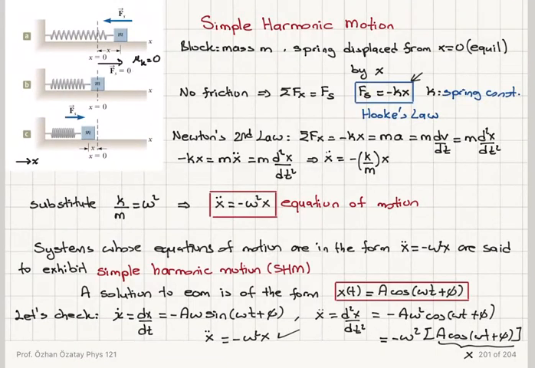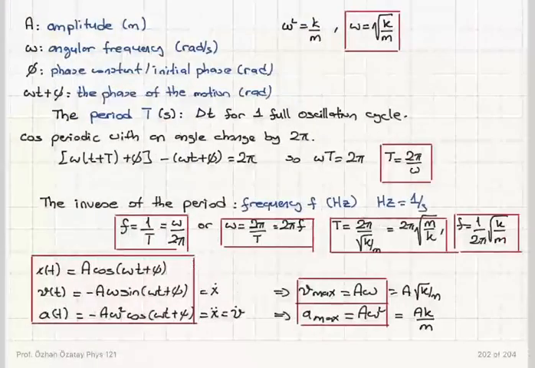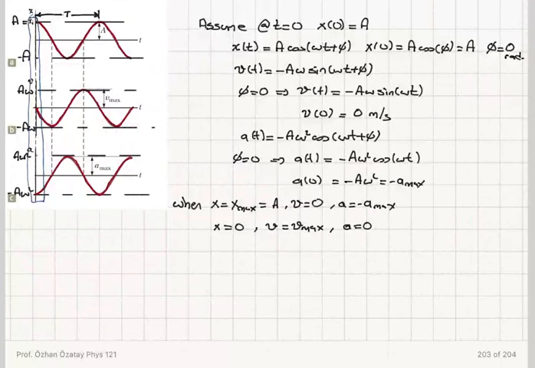The acceleration, on the other hand, is 0. That makes sense because if you go back to Hooke's law, it's telling you that the force is proportional to the displacement. When the displacement is 0, force is 0, and due to Newton's second law, the acceleration should be 0 when x is equal to 0.